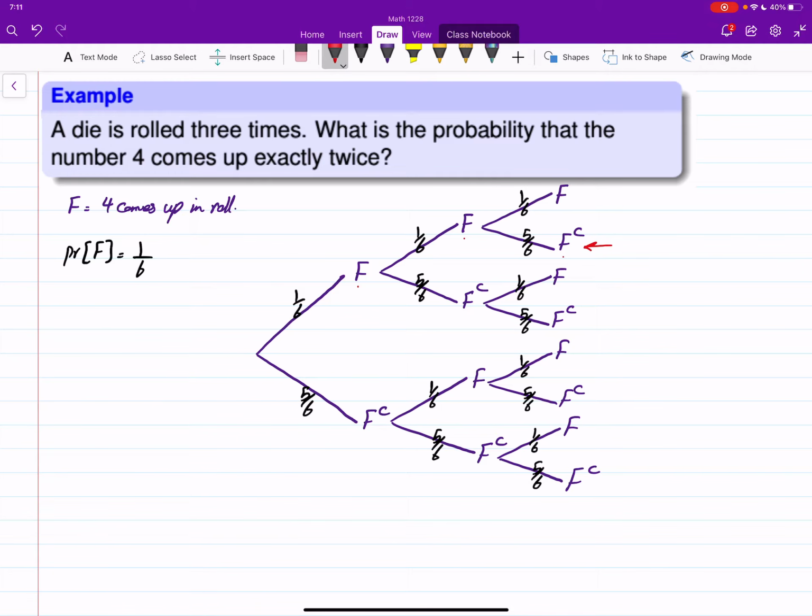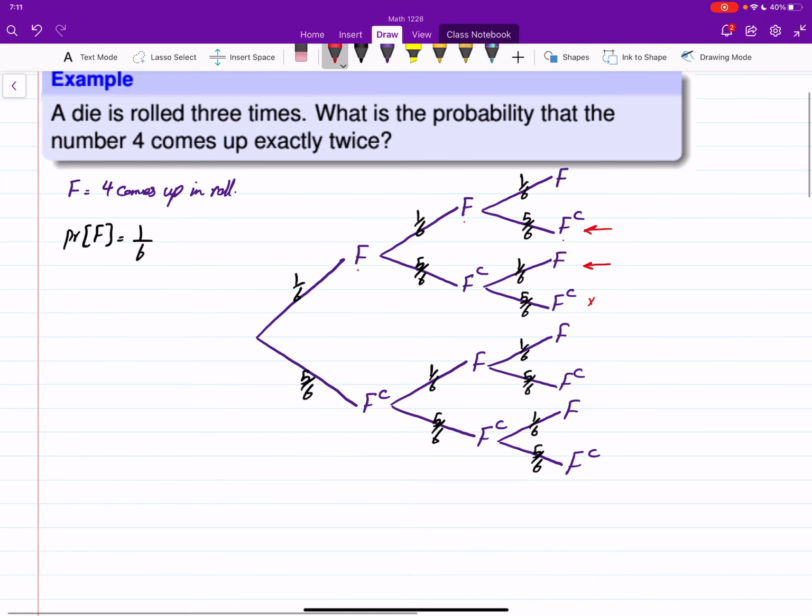So that is one of the cases we have to consider. The third one is exactly the same, another case. The fourth one is not, because there are 2 numbers other than 4 and only 1 4. And this is the last one. The others all have at least 2 numbers other than 4.